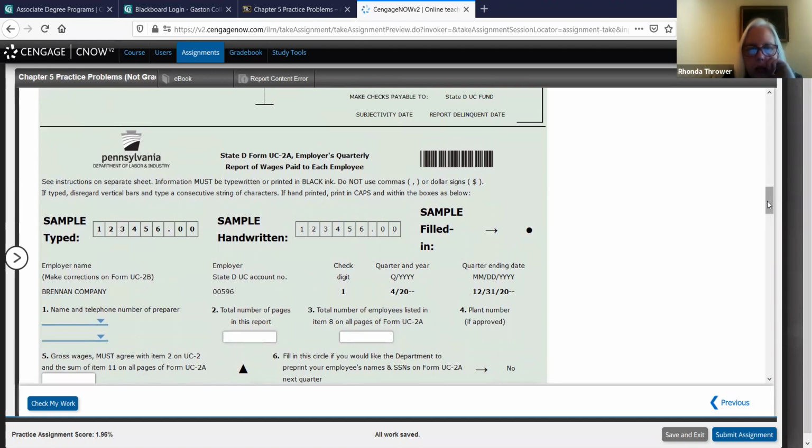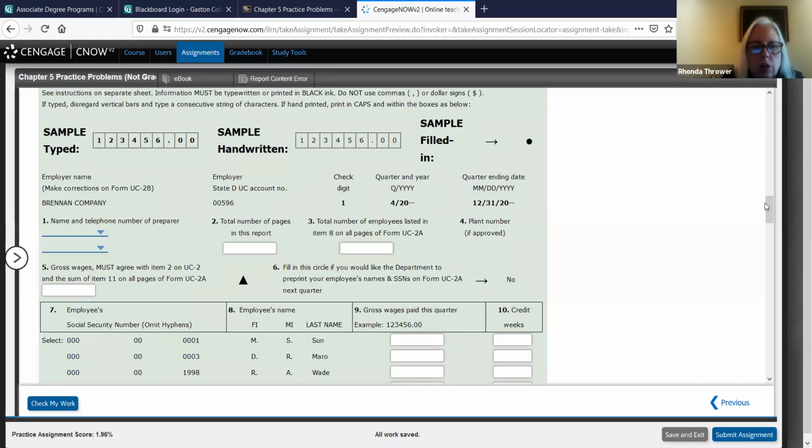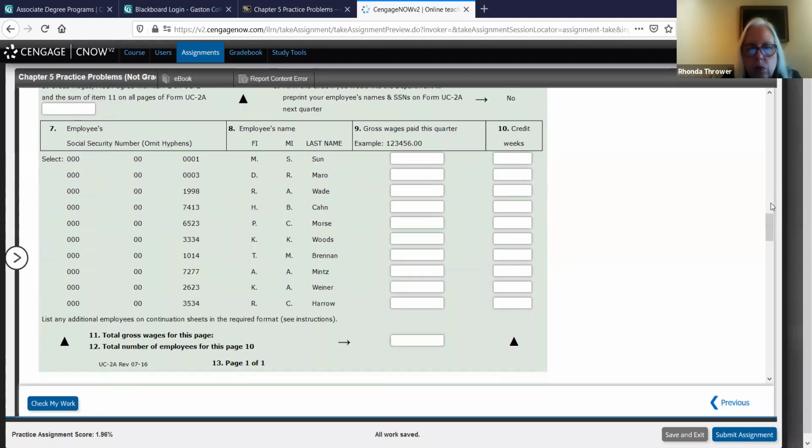And then right here, this is the quarterly report of wages paid to each employee. So what we have to do is put the name and the telephone number of the preparer. If I remember right, that's who was preparing it. The total number of pages in this report. So that'd be one.